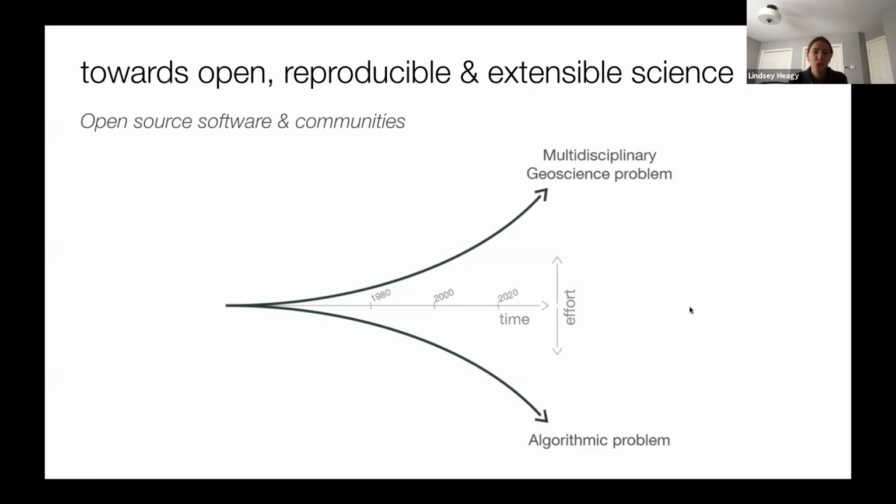And so what this image is showing is we've got time on the x-axis, and anything that diverges away from this zero line here is effort. And you can see, in a sense, there's two different styles of effort that come into play when we look at these types of computational problems. There's the algorithmic problem.